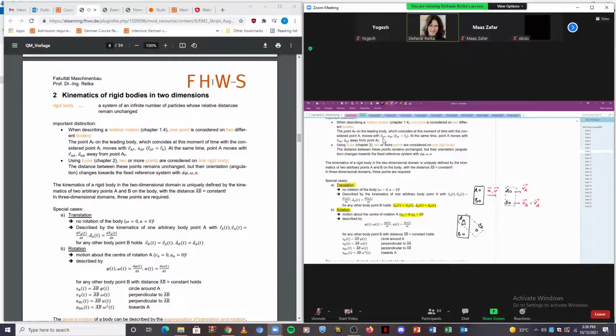Point B moves along a circular path like this, with omega and alpha. So our object rotates with omega and alpha and covers the angle phi.